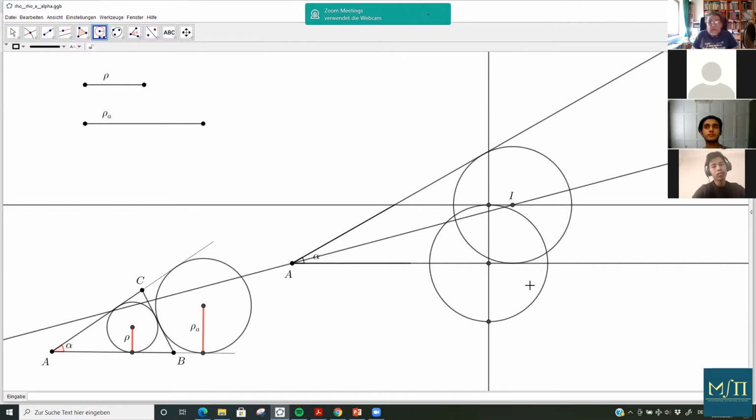Now, similarly, we want to find this ex-circle here. And of course, we can find the ex-center of this point that we're going to call IA with exactly the same method, because the perpendicular distance of this point from the leg of the angle is equal to this given distance rho A. So we can do exactly the same thing. We already have a perpendicular here.